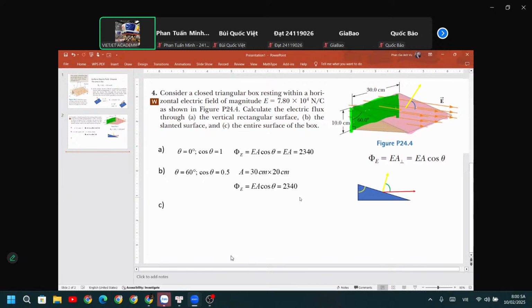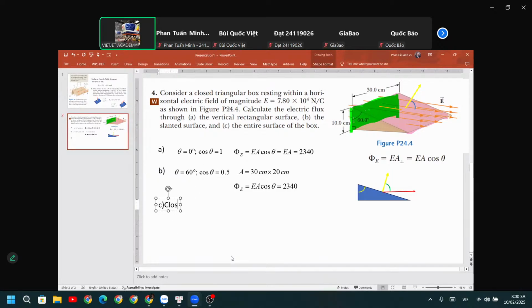Okay, but if you want to calculate the entire surface of the box, you have a so-called closed surface, right? Then in this case, you have to choose the normal vectors.